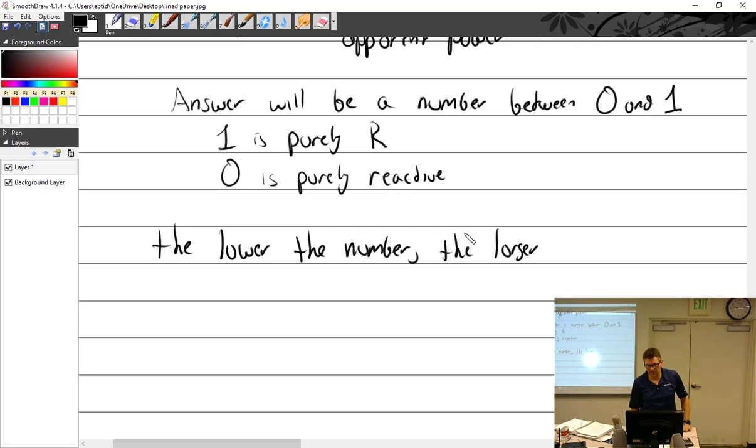The lower the number, the larger the phase shift. The R next to one is purely R. That's resistive. Purely reactive. Oh, R is resistive. Yeah, RCL circuit. R is resistive. The larger the phase shift, and the lower the efficiency.